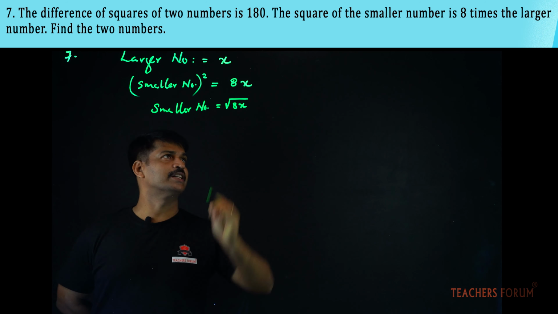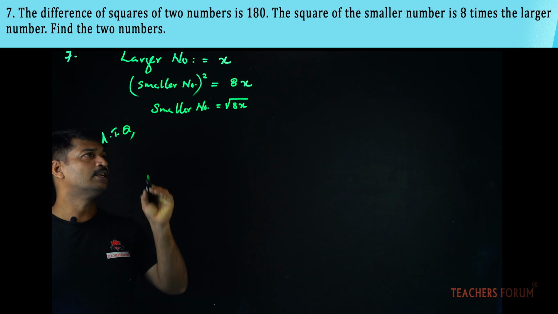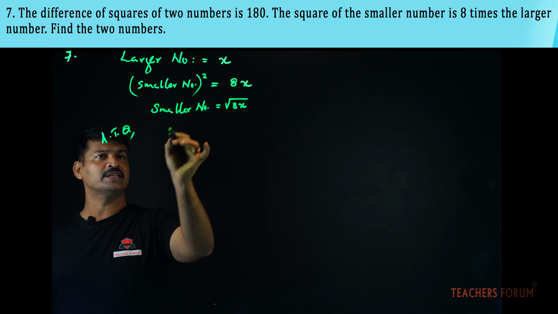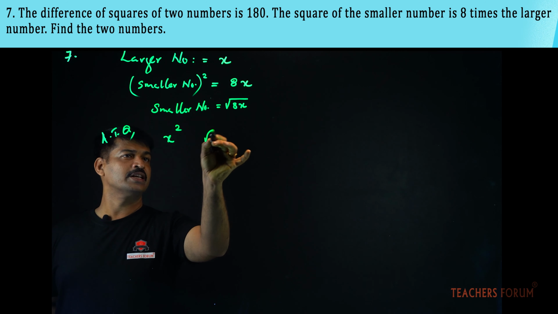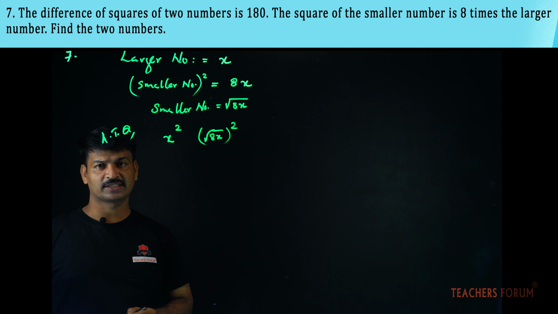It is also given, according to the question, that the difference of the squares of two numbers is 180. The larger number is x, so its square is x square. The smaller number is root 8x, and its square is root 8x the whole square.